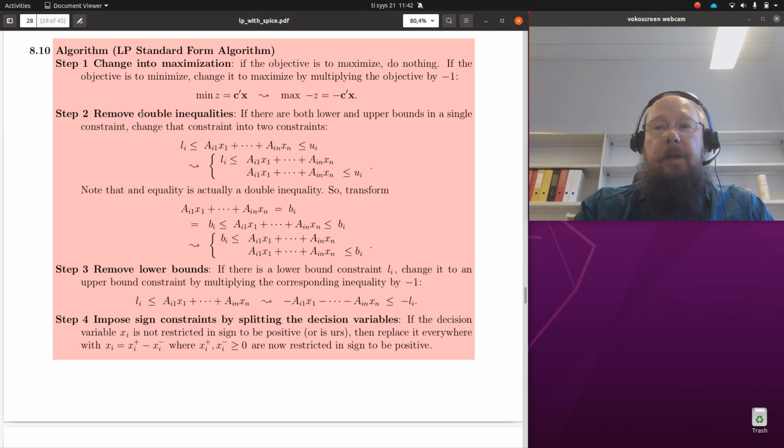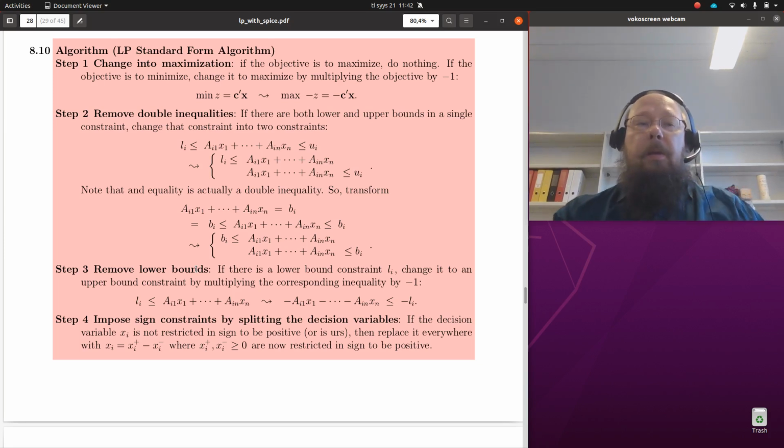That's the same in the dual standard form transformation also. Step 3, remove lower bounds. Well, obviously in the dual transform you remove the upper bounds. So here it is not from here to here, but the other way around. And again, the trick is to multiply by -1.